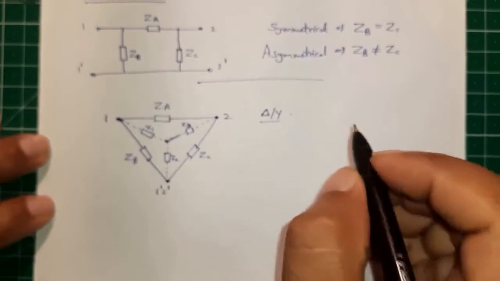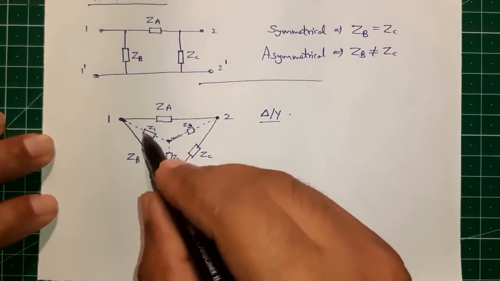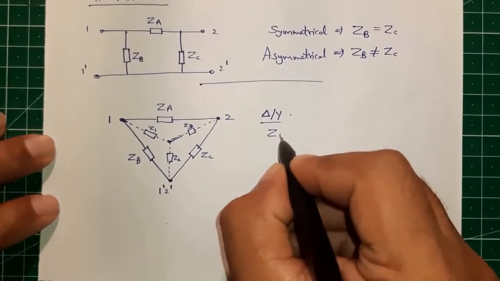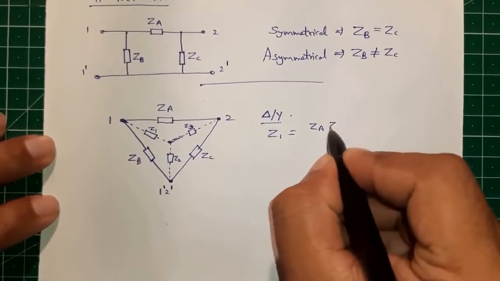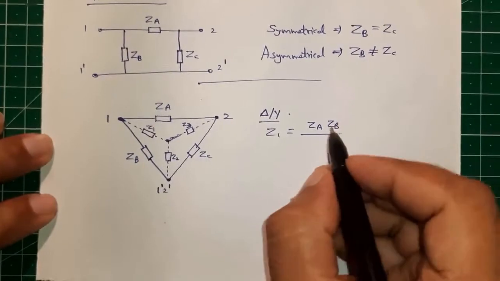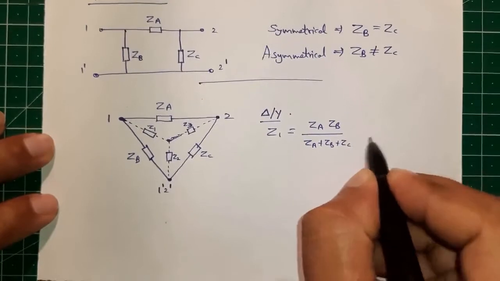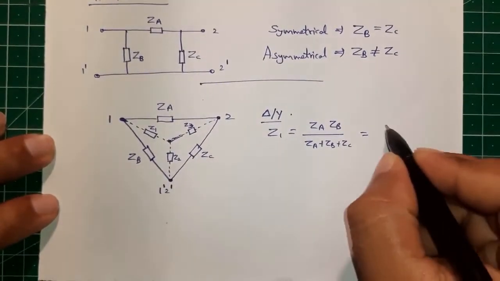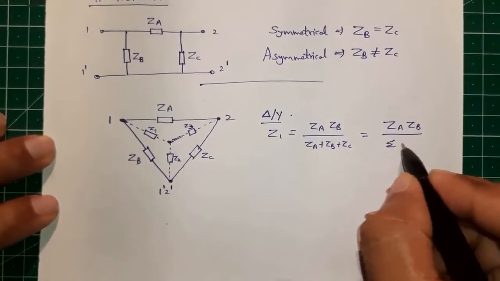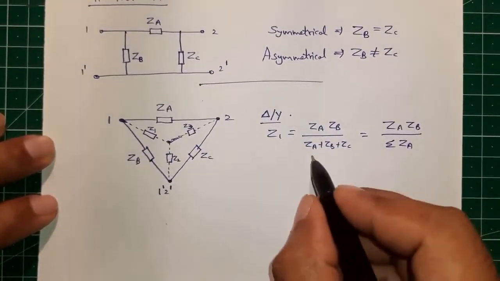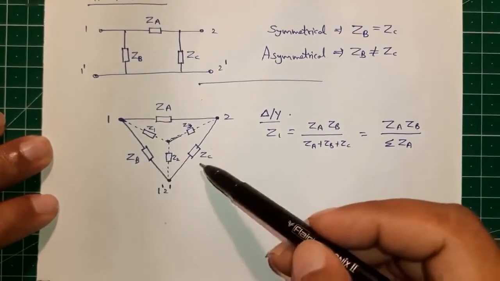So using the delta star transformation, this delta could be converted to the star. For example, we can write Z1 is equal to ZA ZB upon ZA plus ZB plus ZC. In short, we can write this as ZA ZB divided by sigma ZA, where sigma ZA is the sum total of the impedances ZA plus ZB plus ZC.